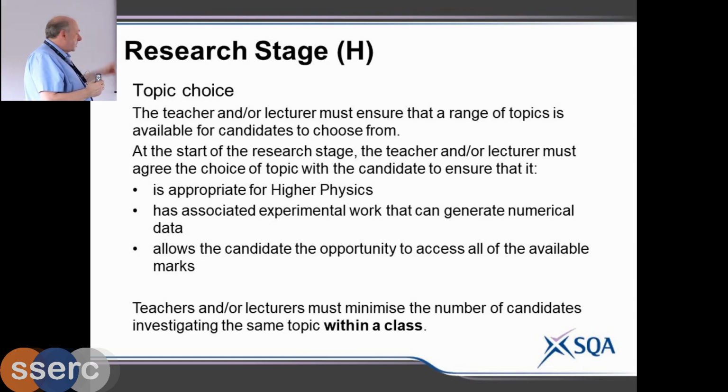And in those cases, those centres got a letter saying, don't do it again. So minimum 5, and if you can get more than 5 for them to choose from, that would at least give them a choice. But you need to manage that. You can't have a situation of going, well, I gave them a choice of 5 and they all picked Ohm's law.